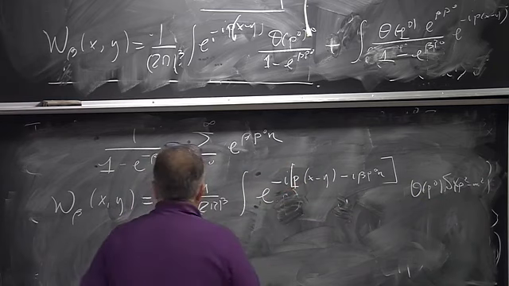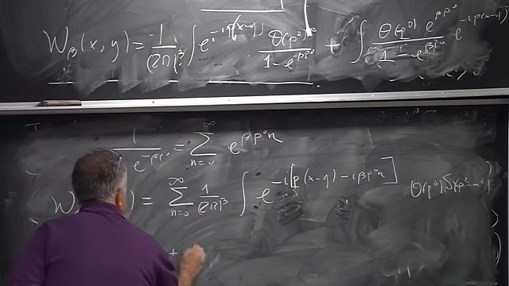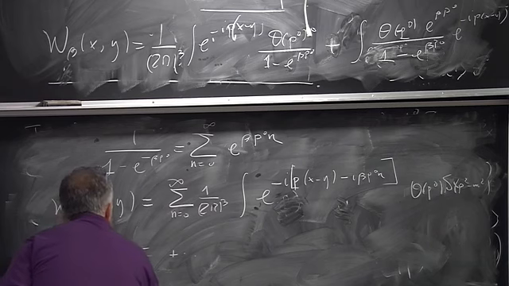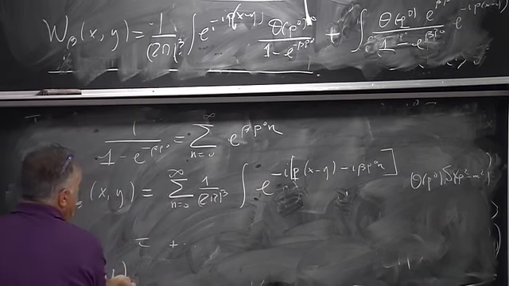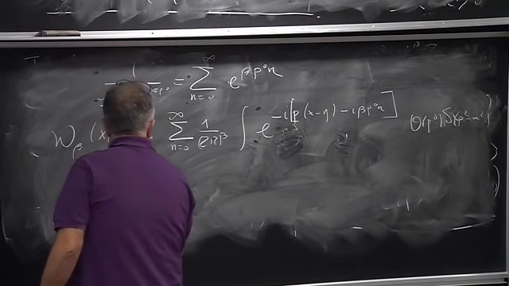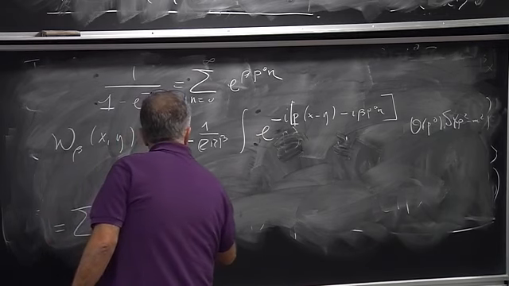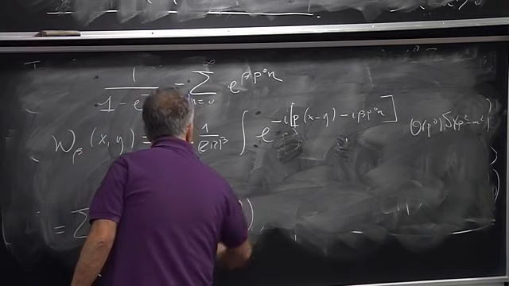So this sum is something like the sum of W0, the standard positive energy two-point function at t minus i beta n, x, s, and y.